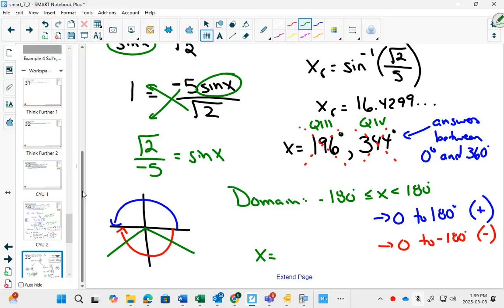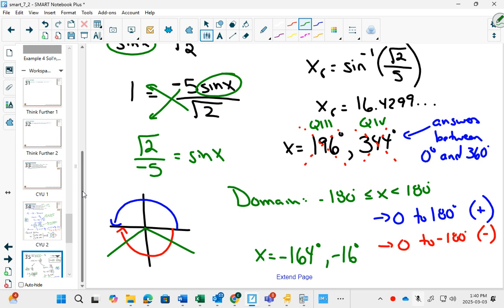I like to think, if this is 180 degrees halfway around, does it make sense that this one here would be 180 minus my reference angle? 180 minus 16 is 164 degrees, but now it's negative. And this one, the reference angle is 16 degrees, that'll be minus 16 degrees.